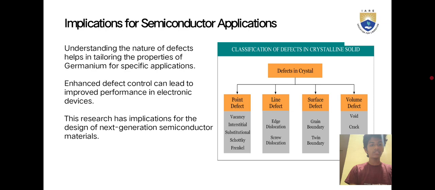In line defects we can see edge and screw dislocations. In surface defects we can see grain boundary and twin boundary. Last, volume defects, such as cracks, are the main defects in semiconductor applications.